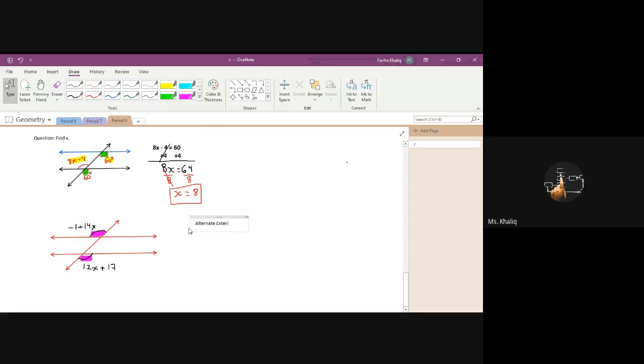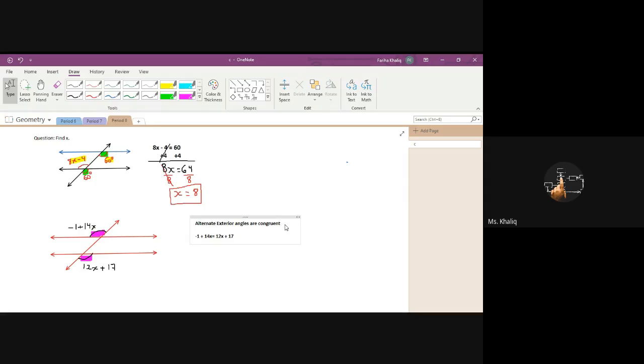Alternate exterior angles are congruent. And so what does it mean? It means that they're equal to each other. So what we're really saying is -1 plus 14x equals 12x plus 17.